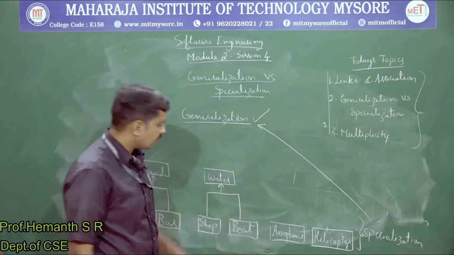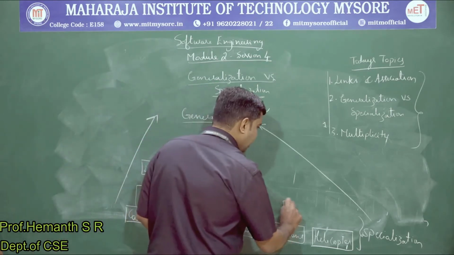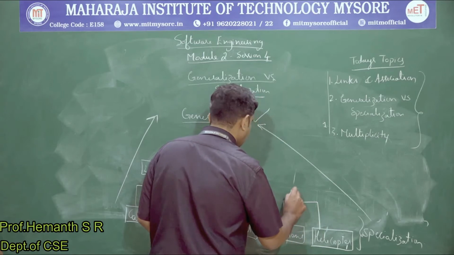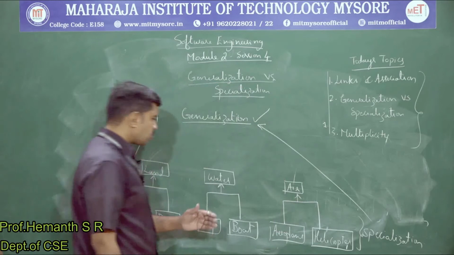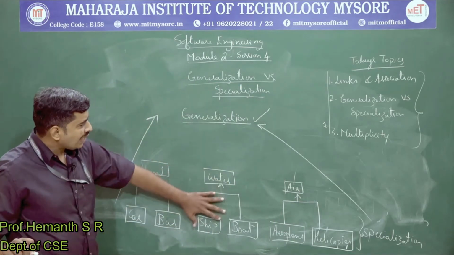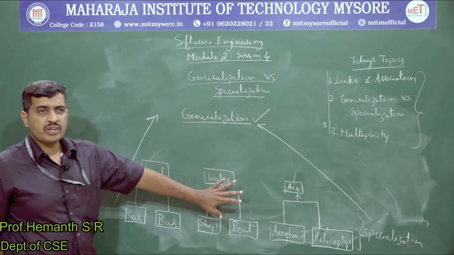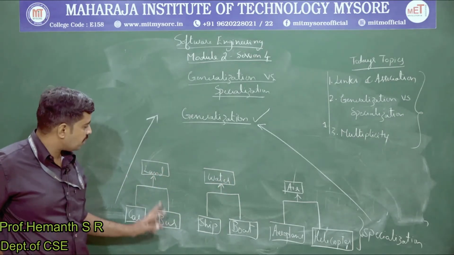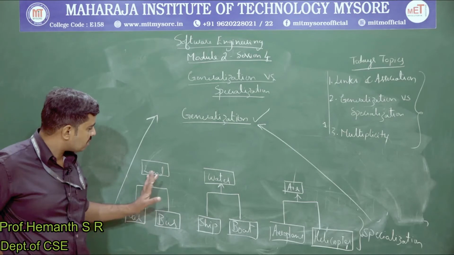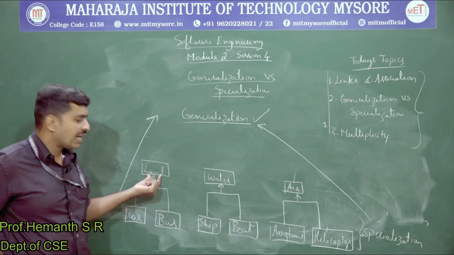Aeroplane and helicopter use air as a medium for traveling. So this was one level of generalization. We have generalized car and bus to be vehicles which are moving on the land.